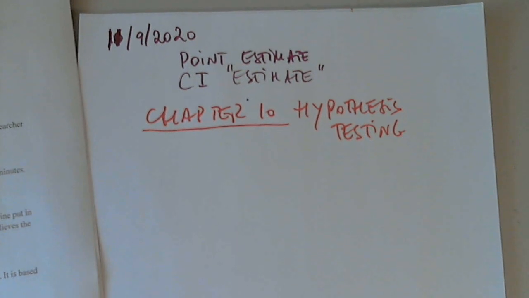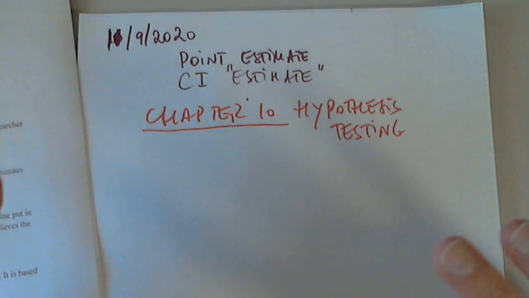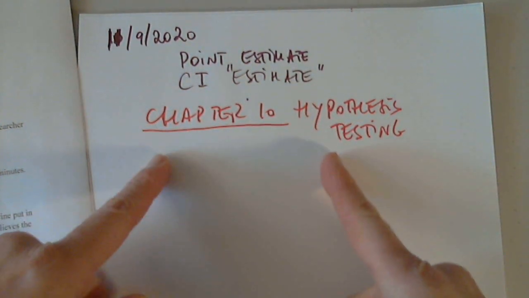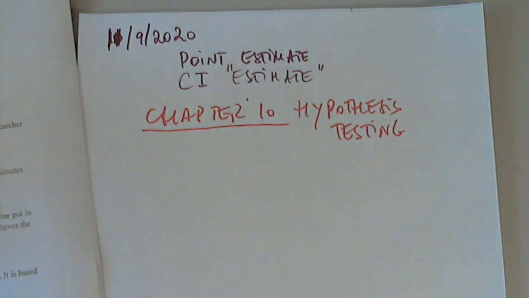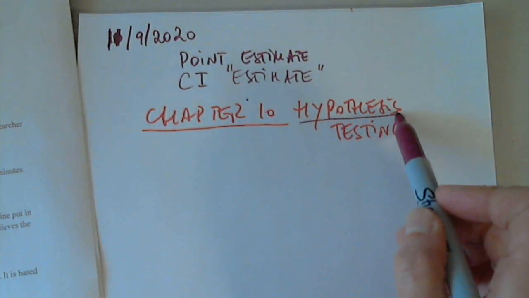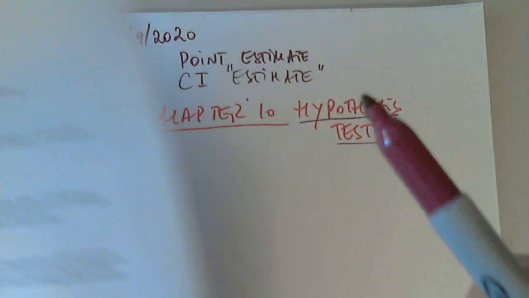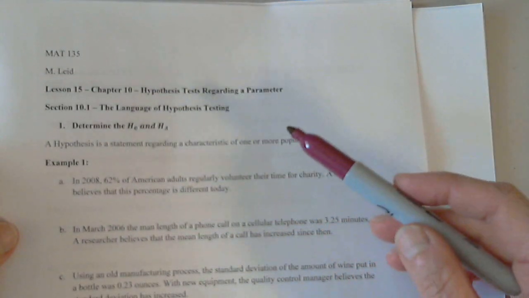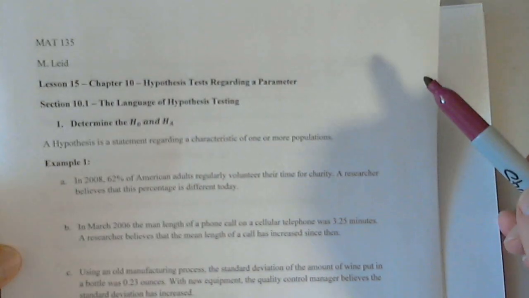And this is basically, as I said, the top topic in this class. Basically everything we've done so far is for this. So what is a hypothesis? Again, a hypothesis is a statement regarding a characteristic of one or more populations.